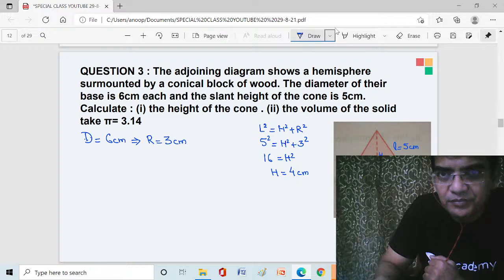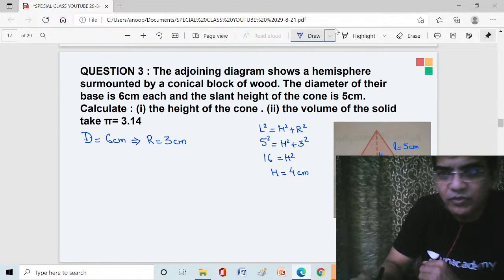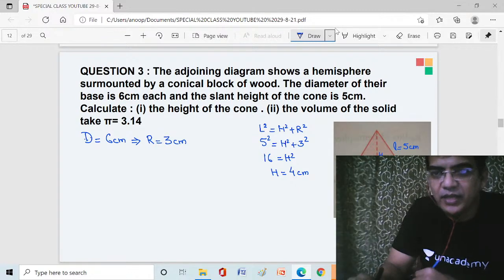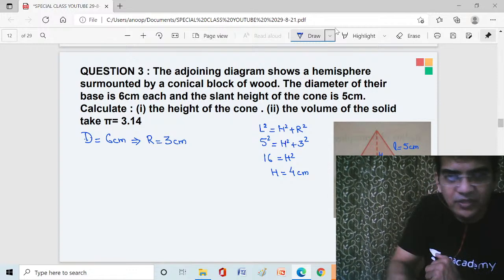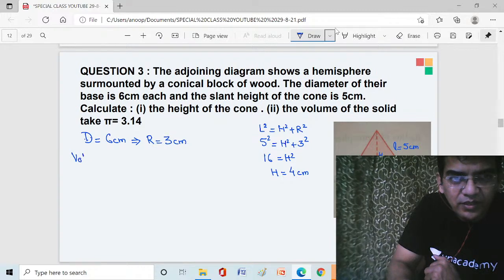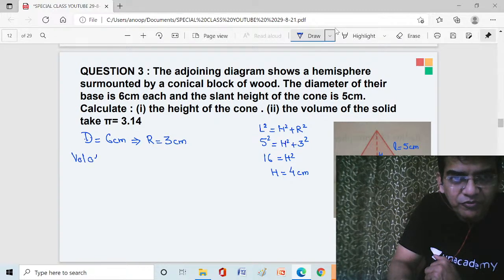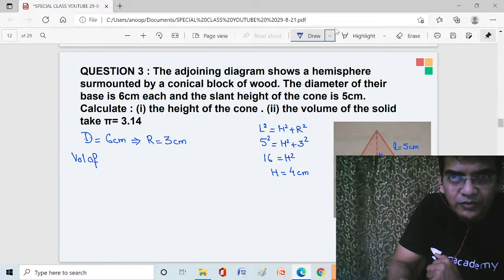The second part says find the volume of the solid. Now you need to find the volume of the solid, which means you need to calculate the volume of the cone as well as the volume of the hemisphere. So let me write it over here: volume of solid.